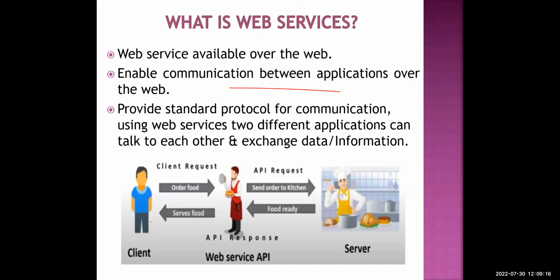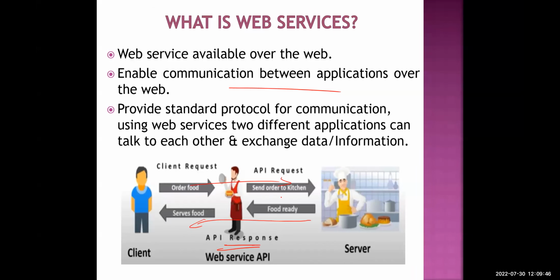After that, you will get it on your table. So what is happening here? The customer is nothing but the client. The waiter is acting as the communication link between the customer and the chef. That is the reason I can call the waiter the API. Through this API, we are able to pass a request and we get the response. This is the entire functionality. So this is called a web service API.